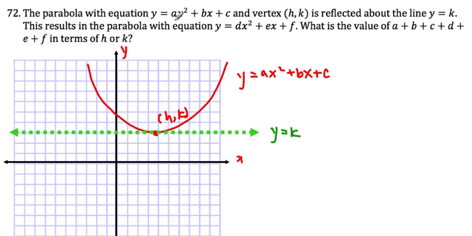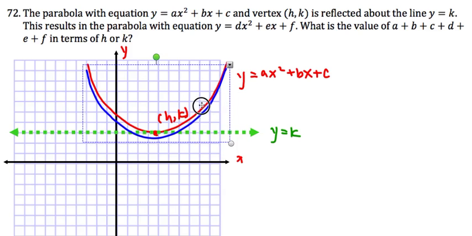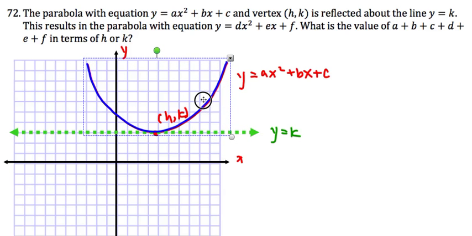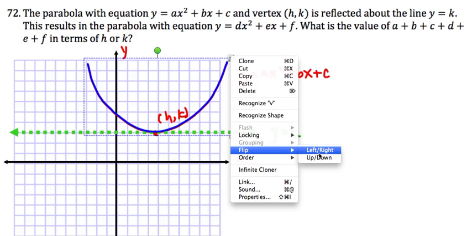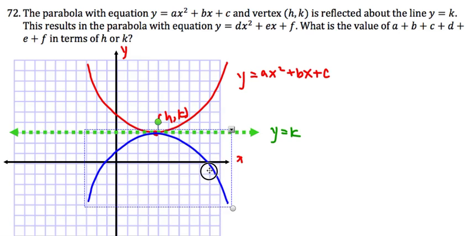So then graphically speaking, I'm going to clone this, maybe change the color a little bit. I'll call it blue. But I'm going to flip this one upside down. Then it's going to be right over here. How about that? So the blue one would be our new equation. That is the reflection of the red one about y equals k.